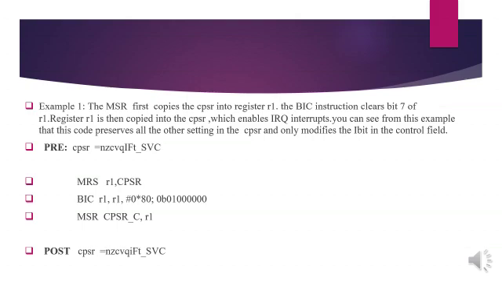Then we copy the contents of the register into the CPSR, which clearly stands for IF_SVC. This is the 5 bits and the 6th, 7th, 8th bits. After the execution, in the post state, CPSR is equal to NZCVQIFT_SVC. We get the answer.